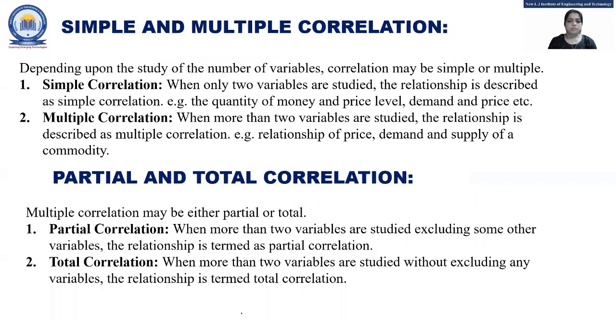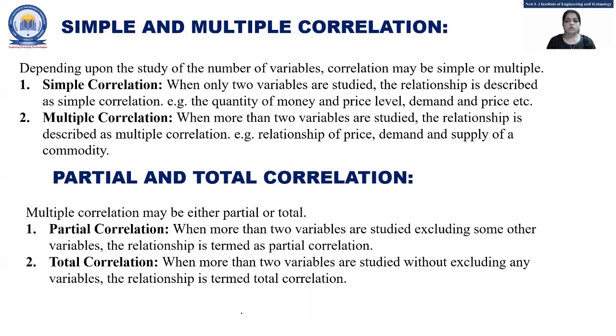Simple and multiple correlation. Depending upon the number of variables studied, correlation may be simple or multiple. First is simple correlation. When only two variables are studied, the relationship is described as a simple correlation. Example, the quantity of money and price level, and another one is demand and price.